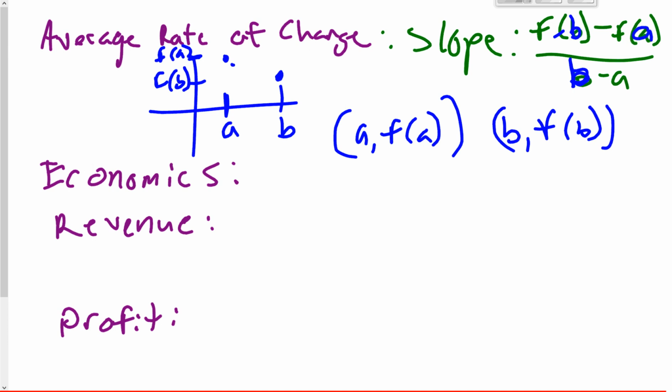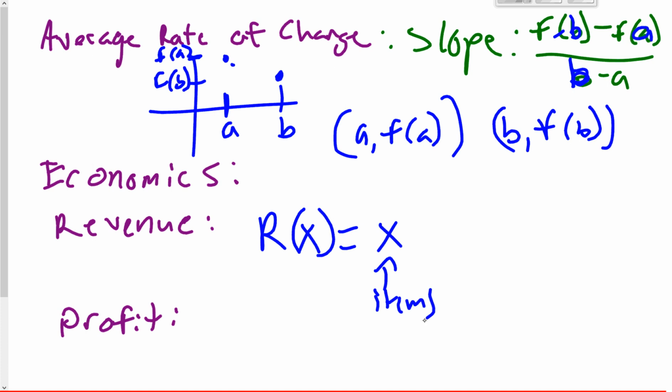Okay, in economics, we're talking about revenue. That's R of x equals x, the number of items, times p of x, which is the price of each item.